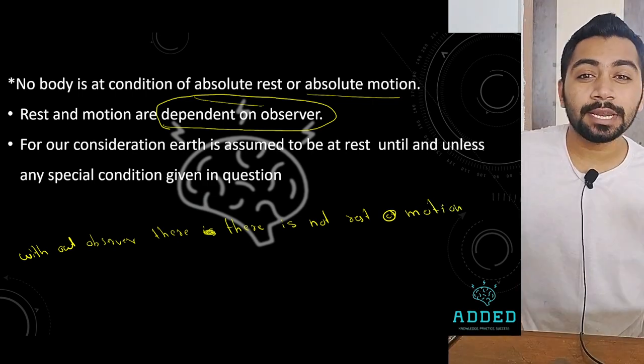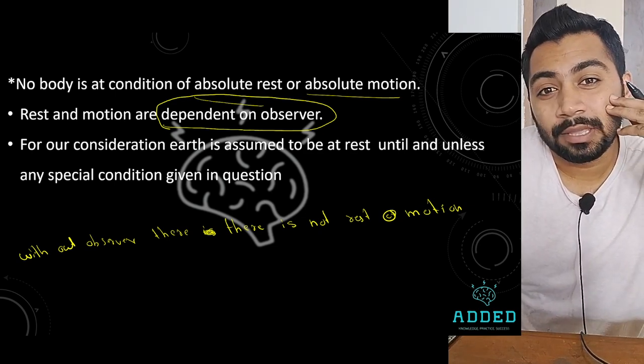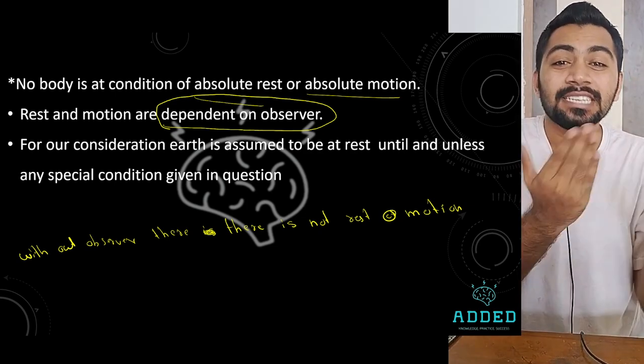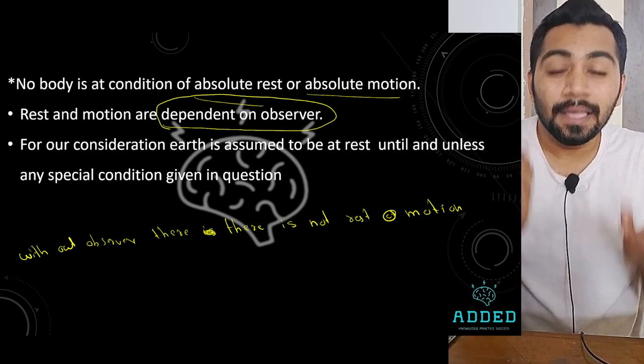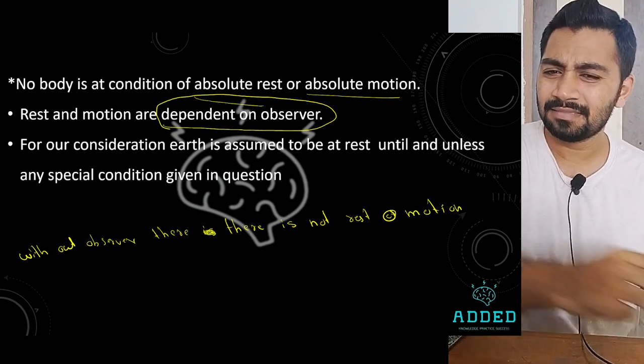See, without an observer, there is no meaning of rest or motion. You are observing. If you are not there, then what is rest and what is motion? It is useless.